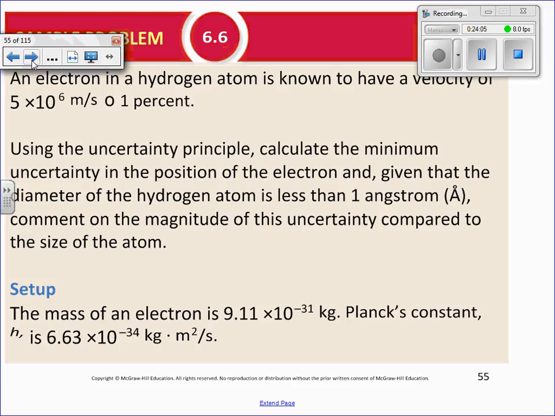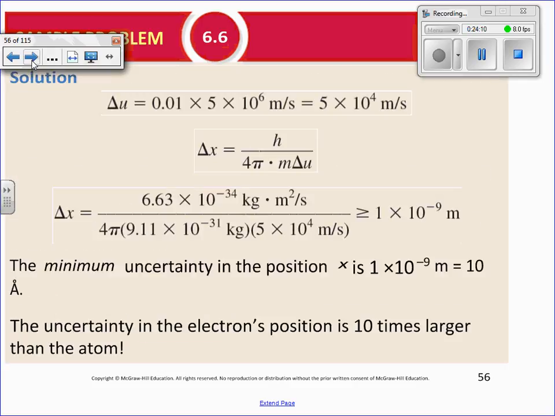The change in the velocity is 1%, 0.01 times 5 times 10 to the 6th, so plus or minus 5 times 10 to the 4th meters per second. Rearrange the uncertainty equation to find delta x. Delta x is greater than or equal to 1 times 10 to the minus 9th meters. So the minimum uncertainty in the position is 1 times 10 to the minus 9th meters, or 10 angstrom.